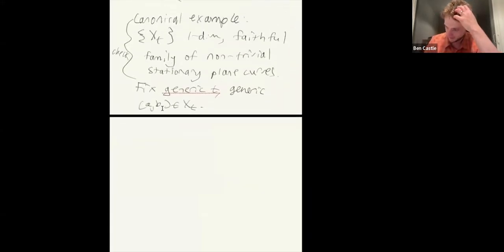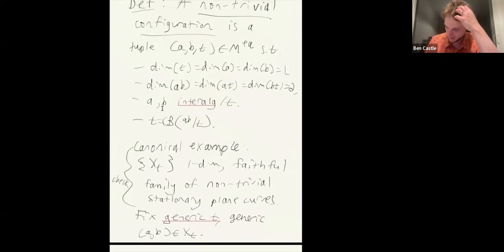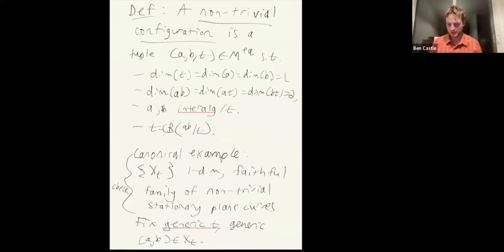Okay, so to recap, a non-trivial configuration represents a one-dimensional family of plane curves, and the translation is (a, b, t). T is the parameter for a curve, (a, b) is a point on the curve.